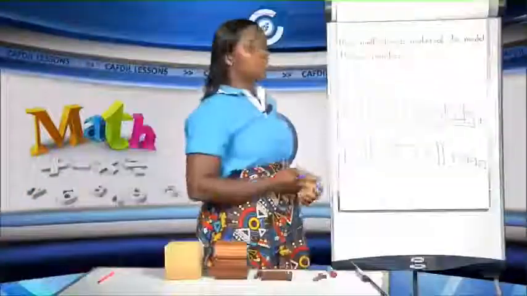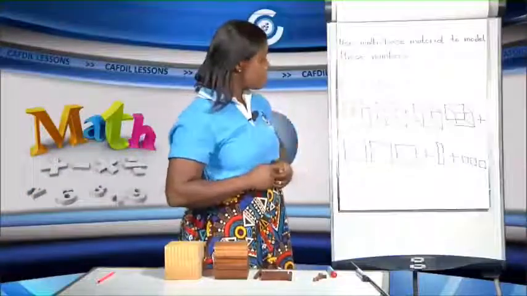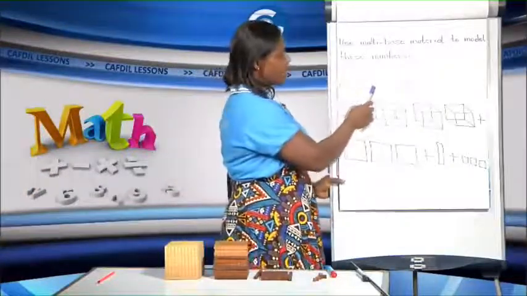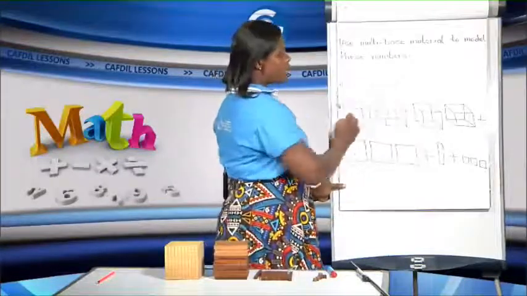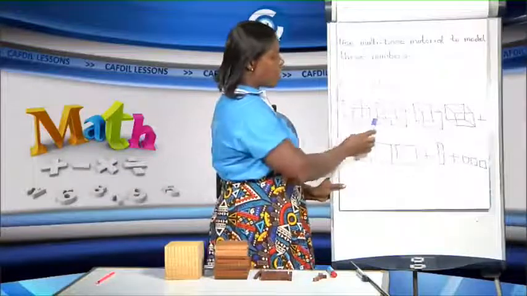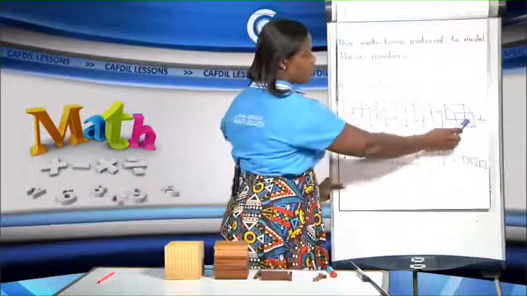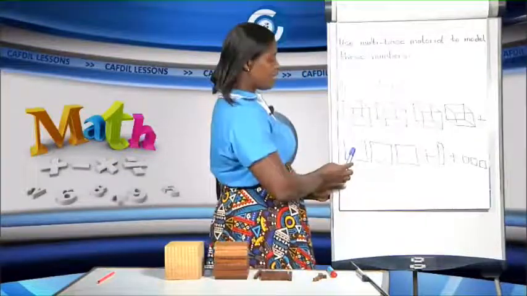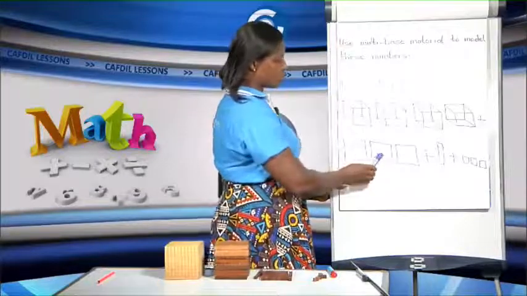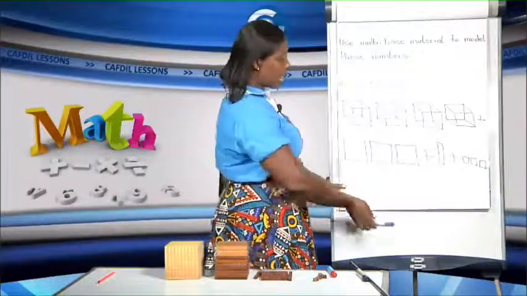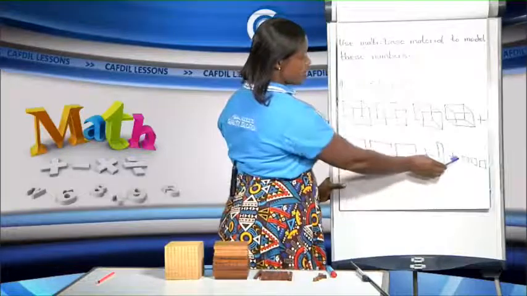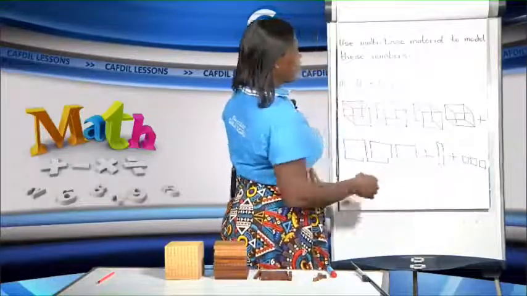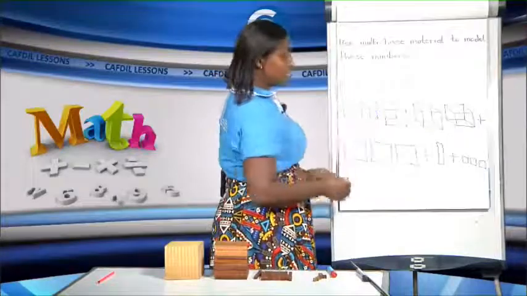We have modeled the number 4,312,000. With this number, we will get 4 blocks, 1, 2, 3, 4. And then 3 flats, 1, 2, 3. Plus a rod, 1, plus 2 units.